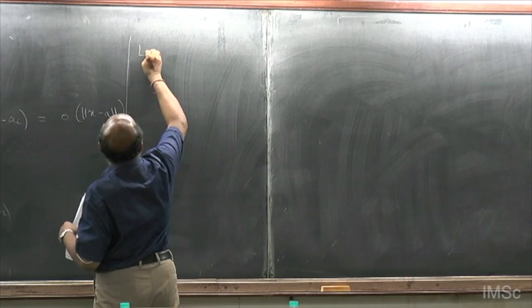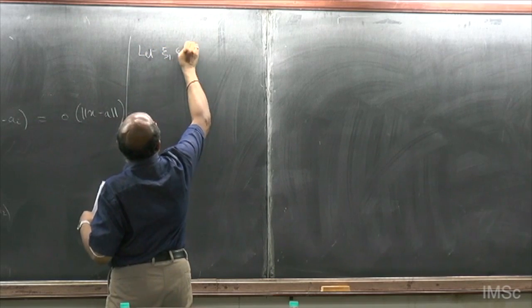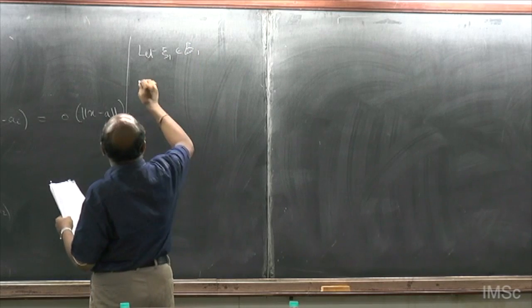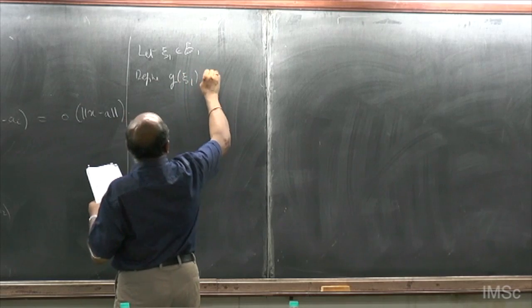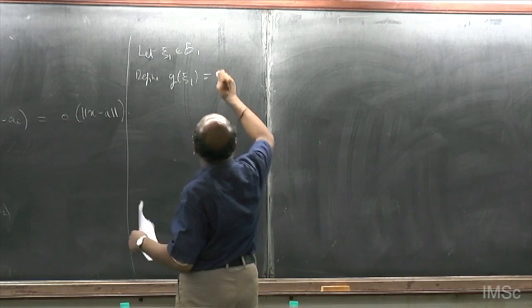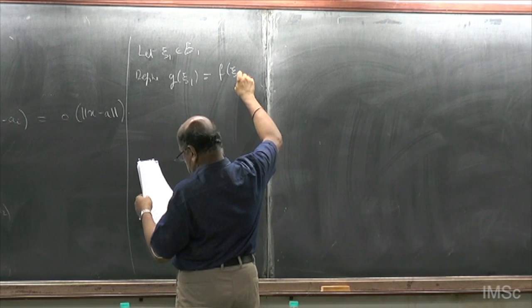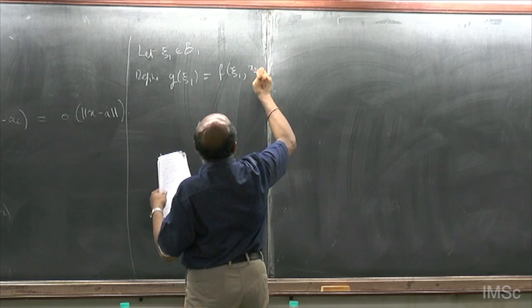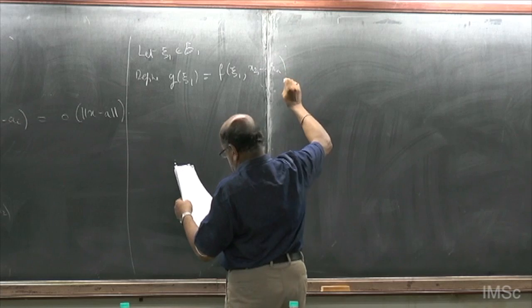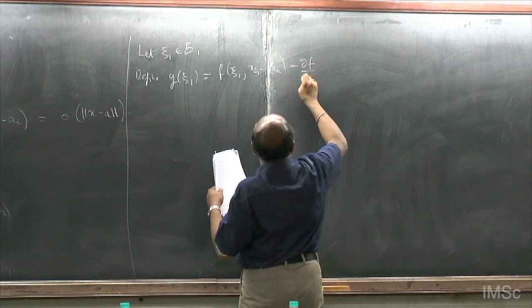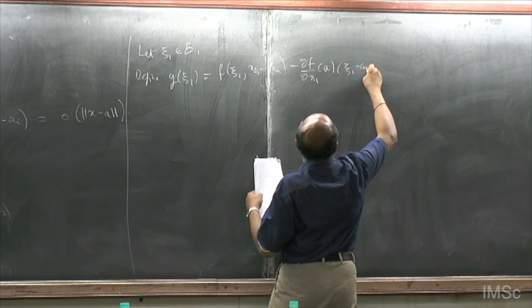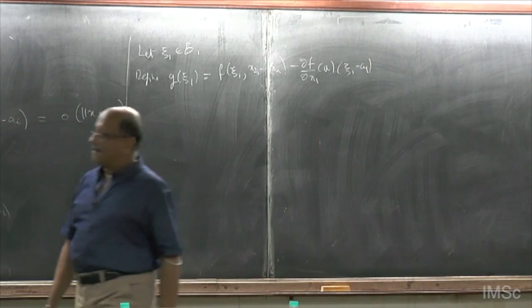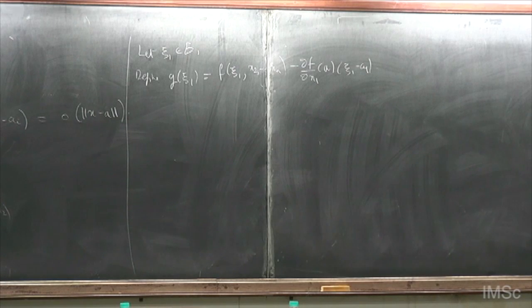So let xi 1 belong to E 1, and I define g of xi 1 equals f of xi 1, x2 ... xn minus df by dx1 at a times xi 1 minus a1. Then what is the first line?